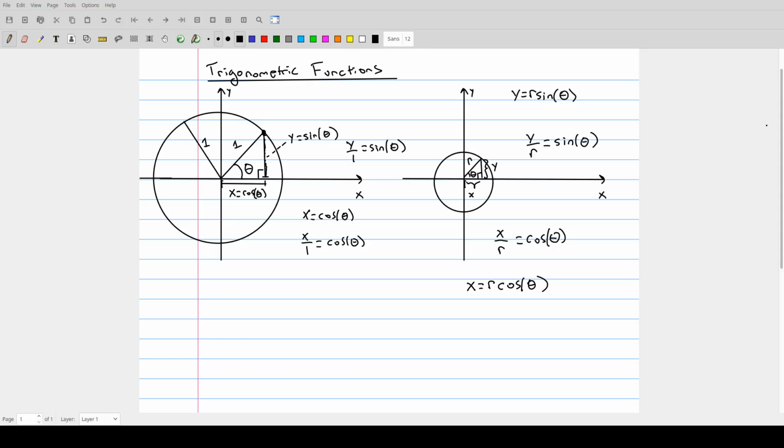And these relationships, x equals r cosine theta and y equals r sine theta for a general circle, are what's called a different coordinate system, the so-called polar coordinates. Because it's giving us the points in the Cartesian plane, x and y, in terms of the radius and the angle of a given circle.